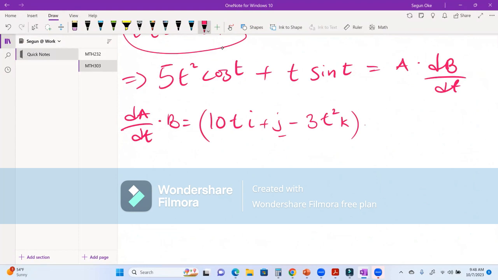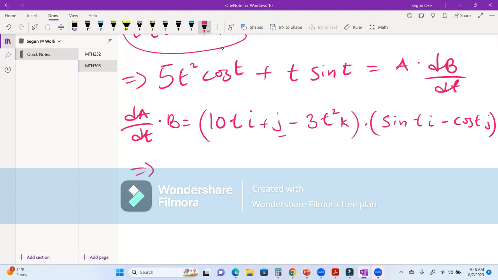Dot B. Our B is what? B is sin t i minus cos t j. Okay, so now let's do it this way. Dot again.